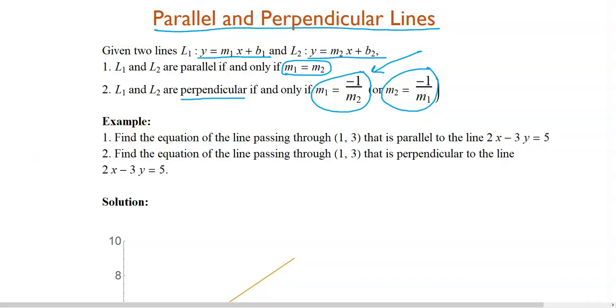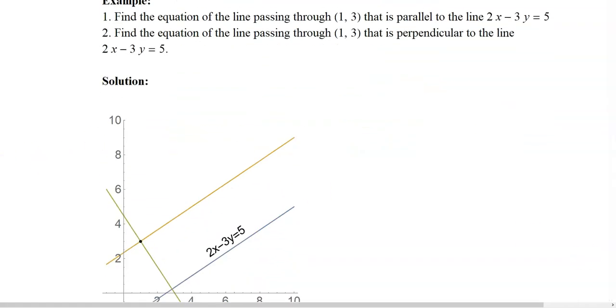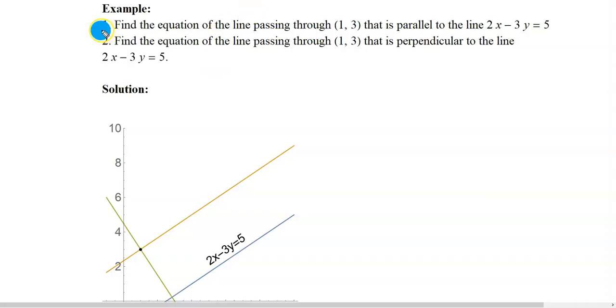So let's take a look at this example. First of all, let's find the equation of the line passing through the point 1, 3 that is parallel to this line. Alright, so we have to find the equation of a line. Well, we're given a point that the line passes through.